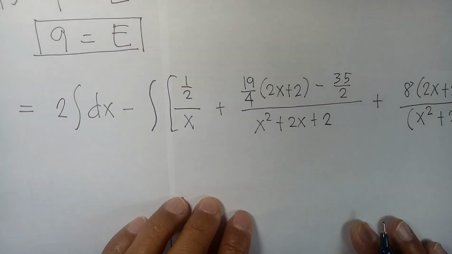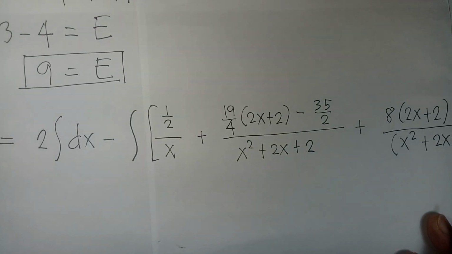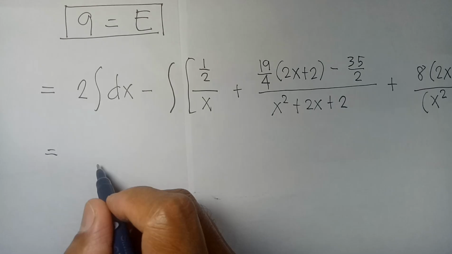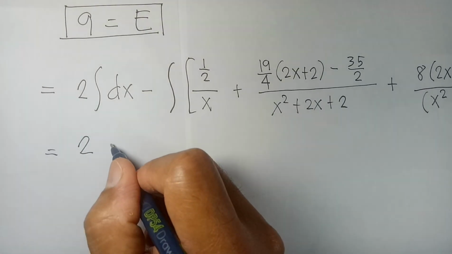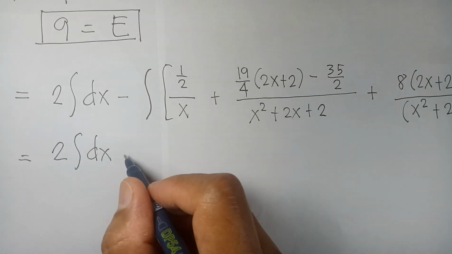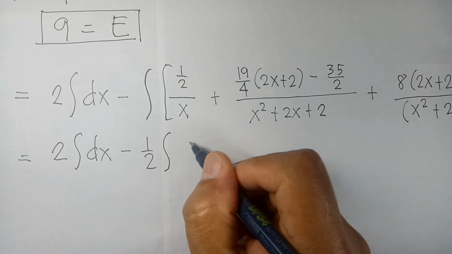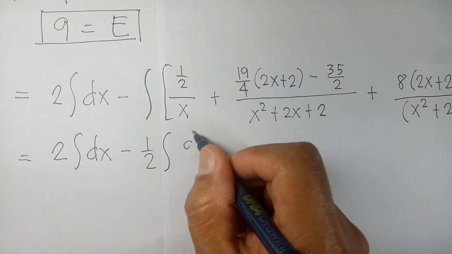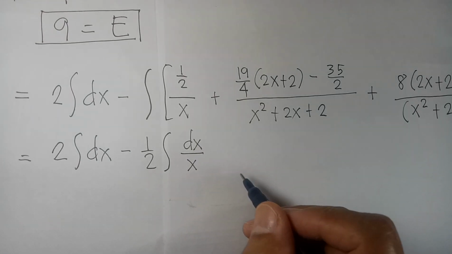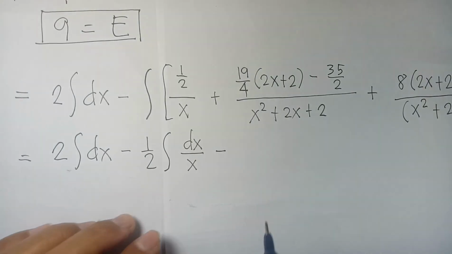Okay. Kaya yan, yung negative mo multiply natin sa loob. No? At pag-iwalay natin yung integral. So, magkakaroon tayo ng 2 integral of dx. And then minus 1/2 integral of dx over x. And then negative times positive ay magiging negative.